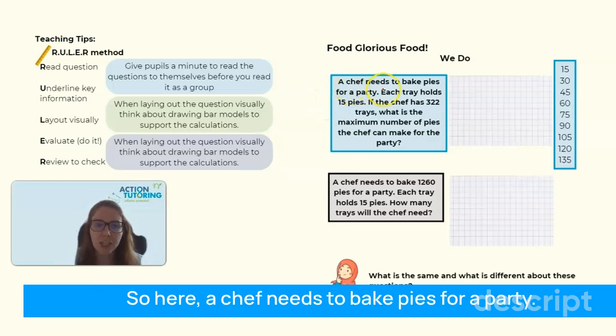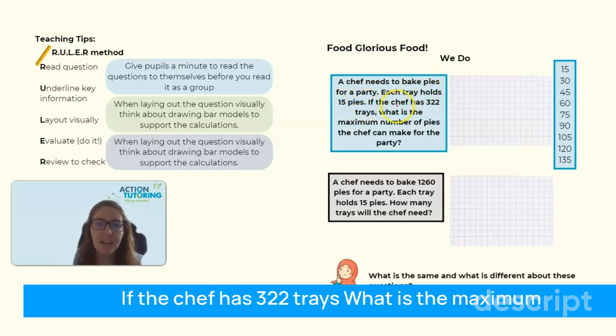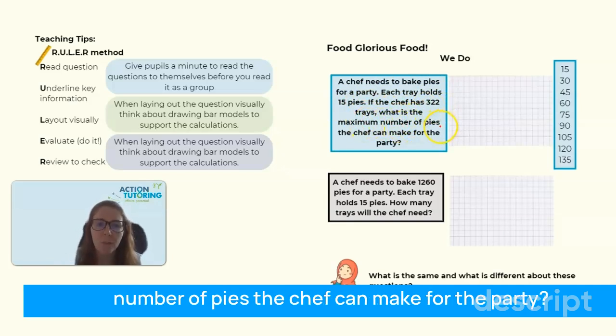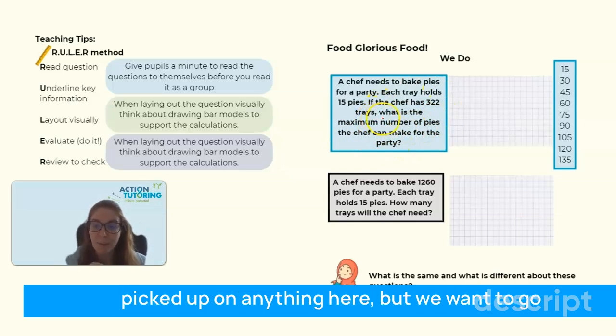So here: a chef needs to bake pies for a party. Each tray holds 15 pies. If the chef has 322 trays, what is the maximum number of pies the chef can make for the party? At this point, I don't think the pupils will have picked up on anything.